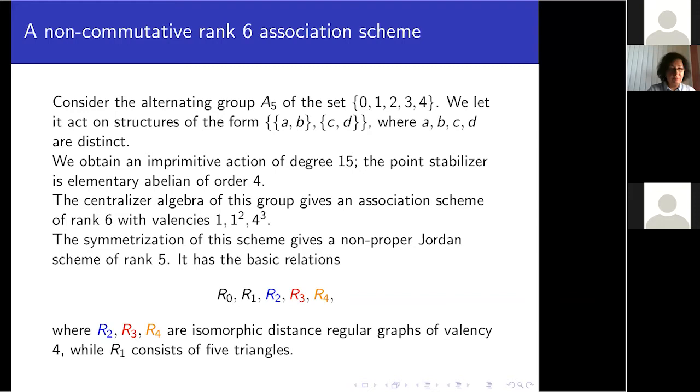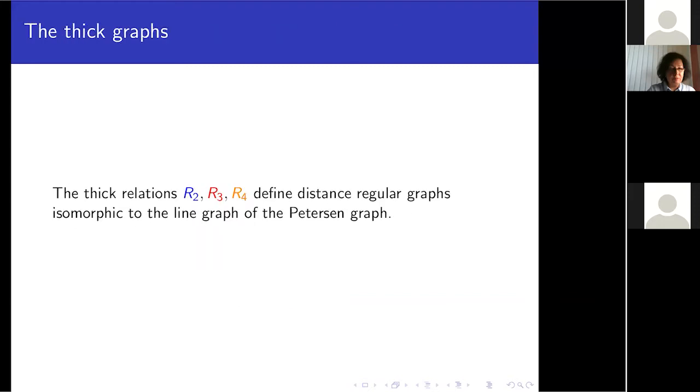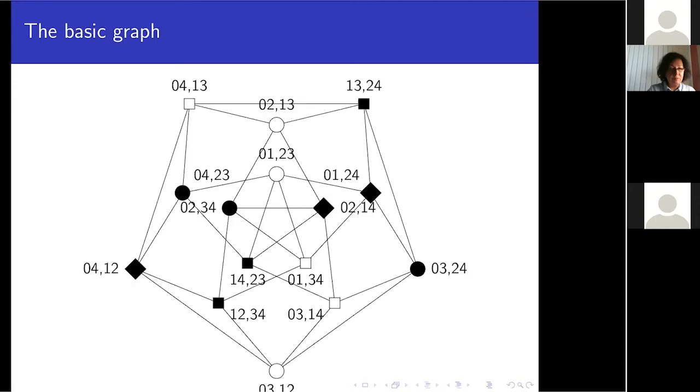R1 consists of 5 triangles, so it's an imprimitive, strongly regular graph. These distance regular graphs are isomorphic to the line graph of the Petersen graph, which looks like this.